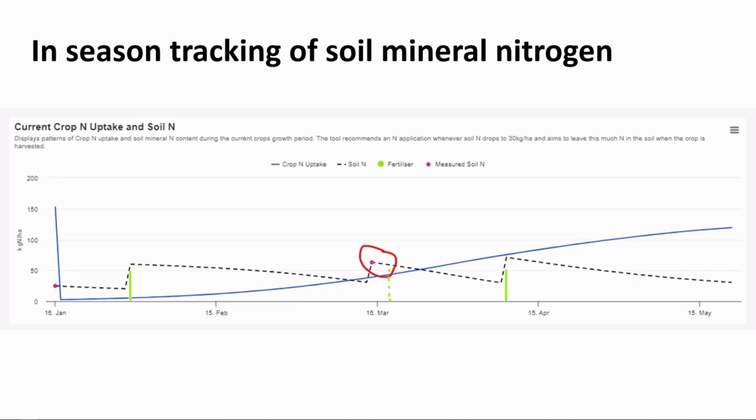Warmer and wetter than usual, there's been more soil mineralization perhaps, and so actually there's more nitrogen in the soil. Therefore, as you go through the season, there's a decision to be made. In this particular case, there was a fertiliser plan, an intention to apply some nitrogen fertiliser as a side dressing. Because that nitrogen was higher in the soil than anticipated, the grower was able to pull that back.